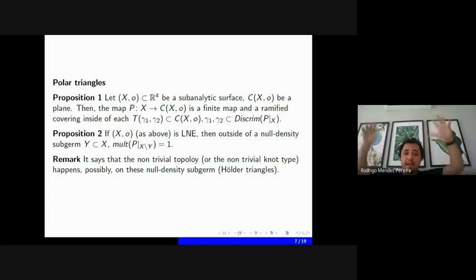Outside, in the large part of the link, you do not have topology. Exactly on these zones is where the possible topology and the cosines happen. It is in some sense a very particular case of the thin decomposition.